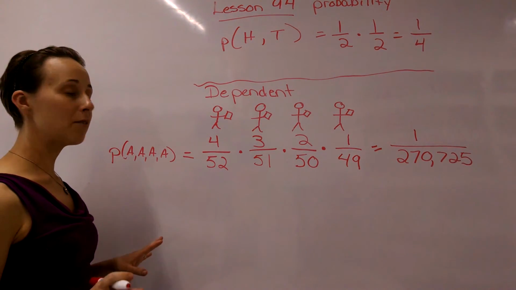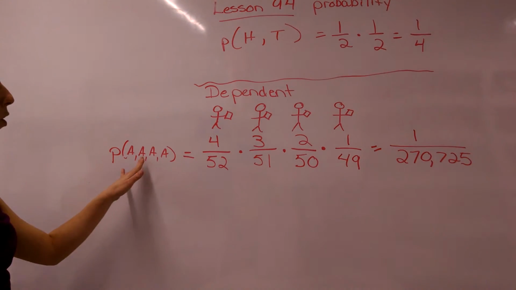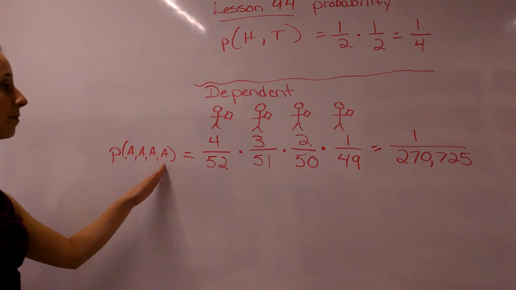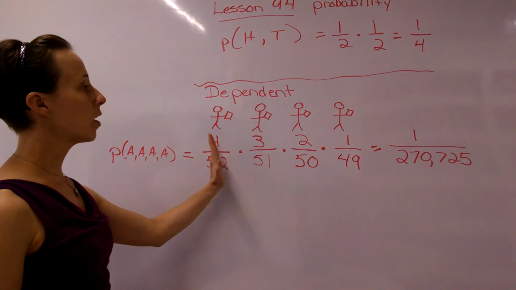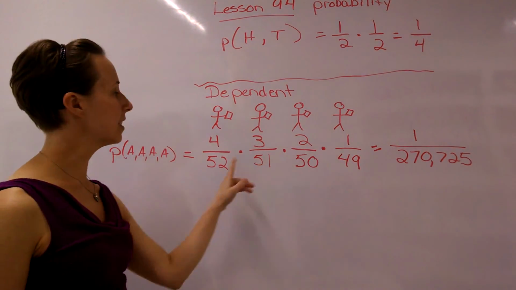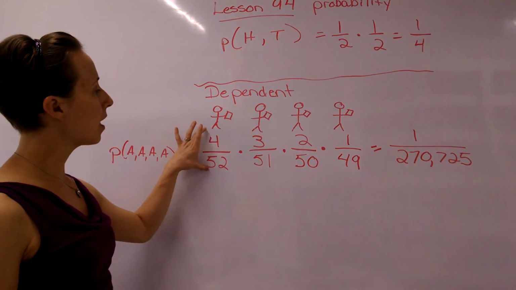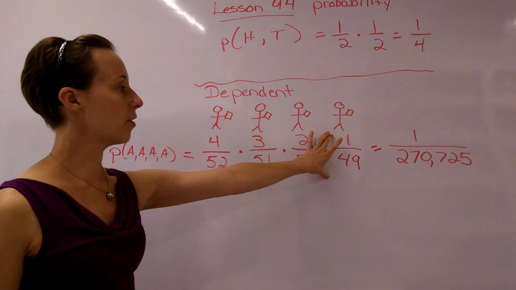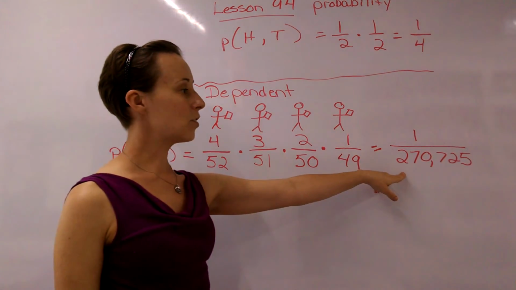For the record, those are not very good odds. Whenever you have problems where you have multiple probabilities, and they are for things that are dependent on one another, so each one changes it somehow, like in this case, we change the deck by taking out a card each time, multiply the probabilities together, being aware that they're going to be a little different than each other to get your final answer.